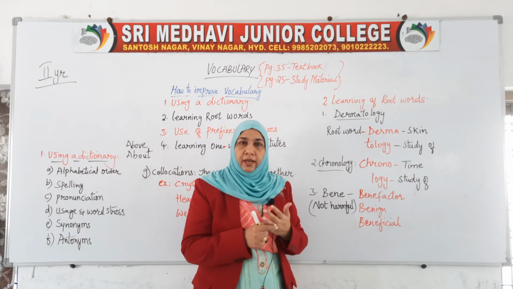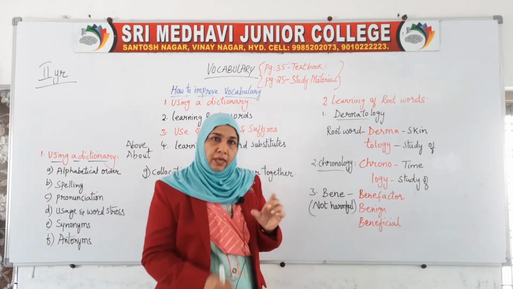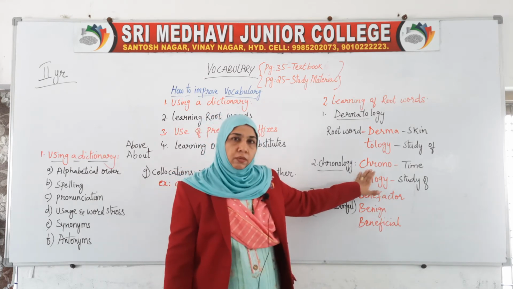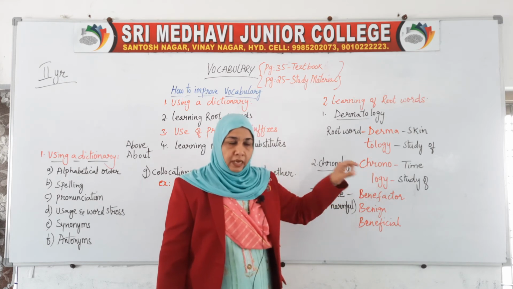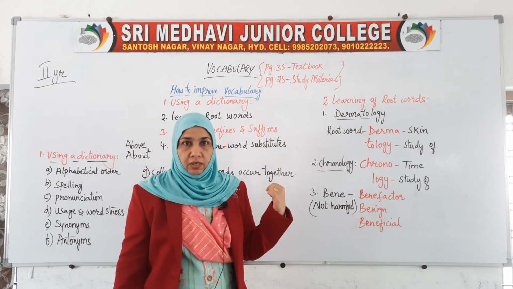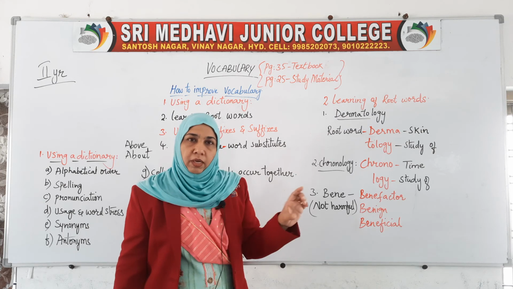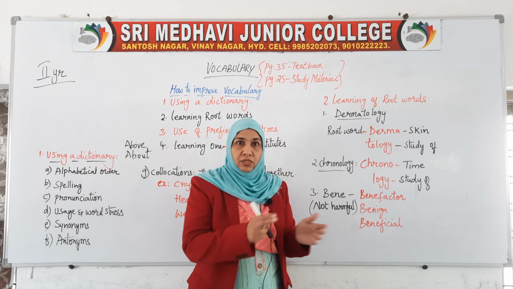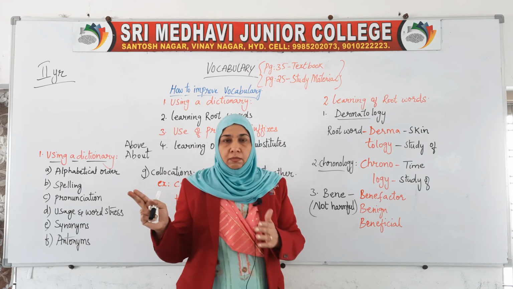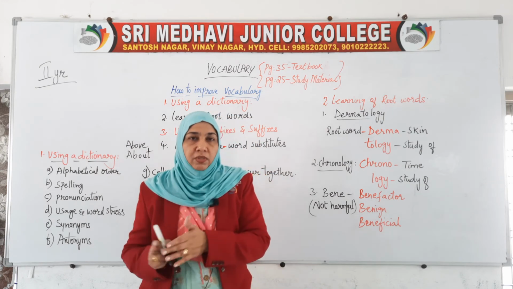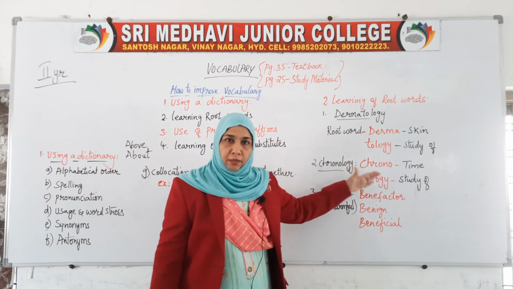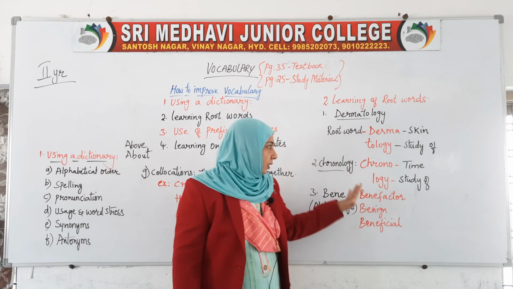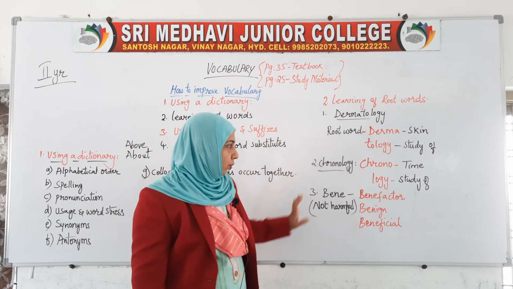Chronic disease, chronic ailments. Chrono is time, either this time or past time, whatever it may be, chrono is related to time. A chronic disease is a disease which has been giving problems to the person for a long time. Again the time, that is the root word. Chrono is the root word.